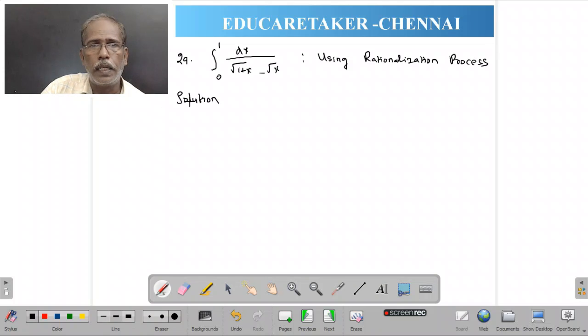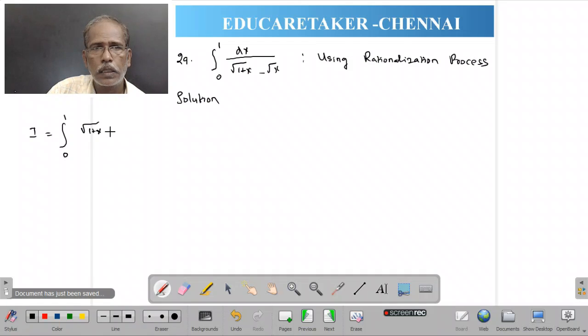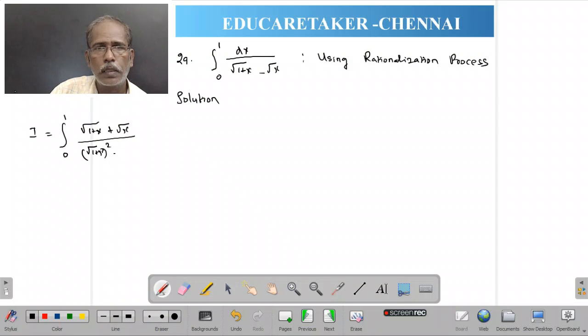Let us take I equal to integral of 0 to 1. We apply rationalization, the numerator will be root of 1 plus x plus root of x, and the denominator, root of 1 plus x the whole square minus root of x the whole square, and dx.